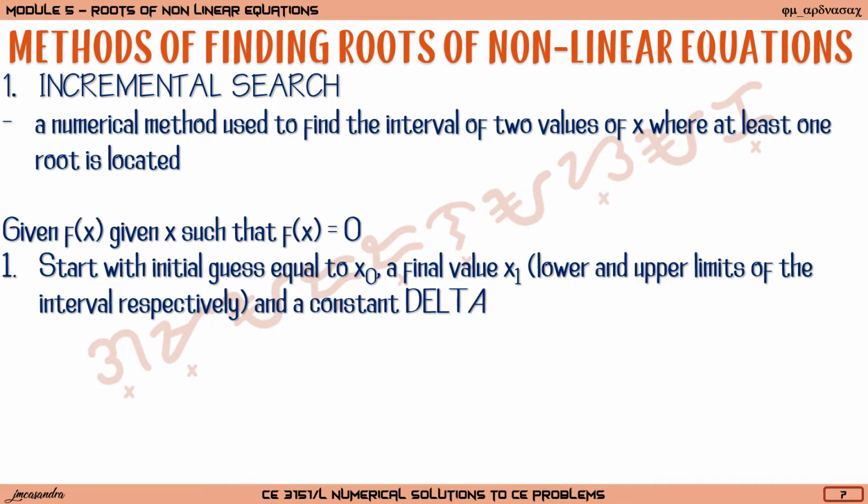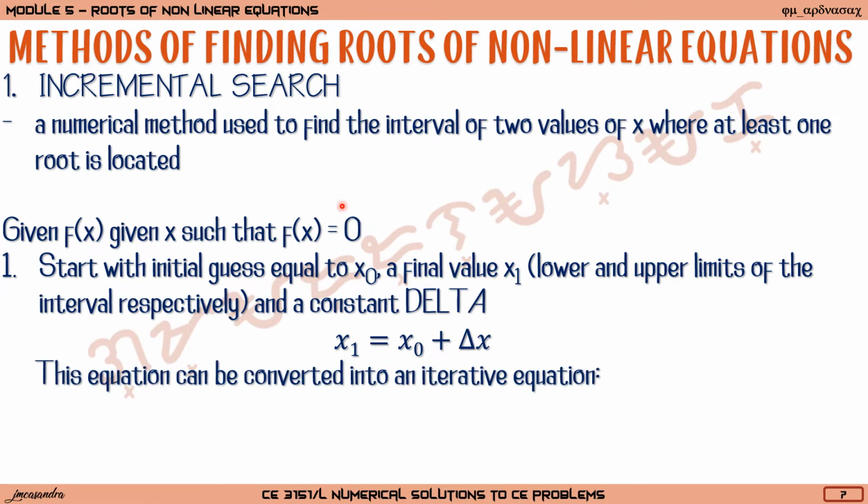And here, we are going to use a constant increment or change, which we will call delta x. So we'll have the increment constant added to our initial guess to get the final value x1.